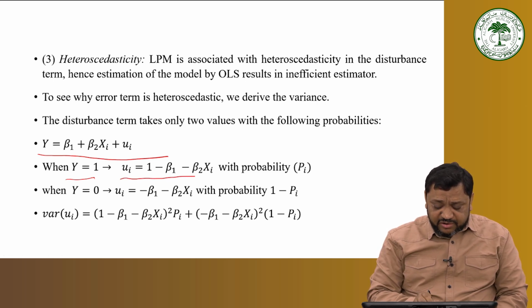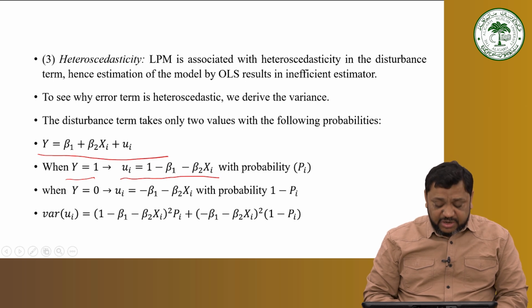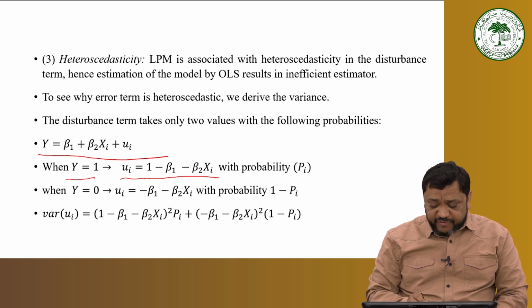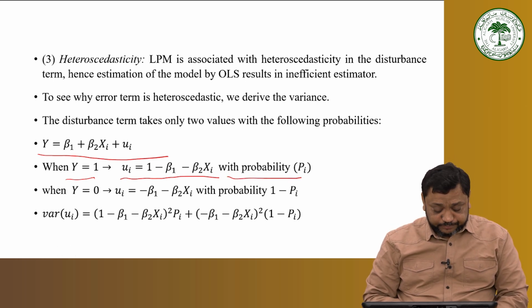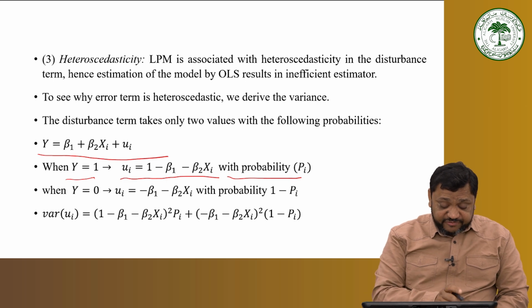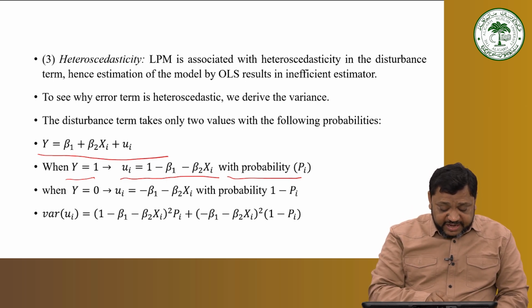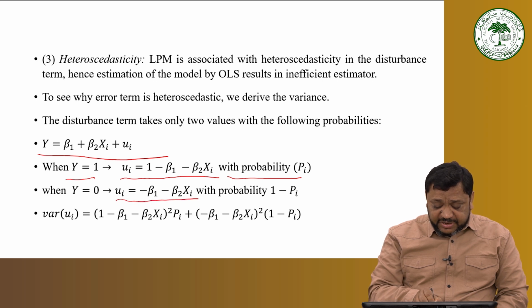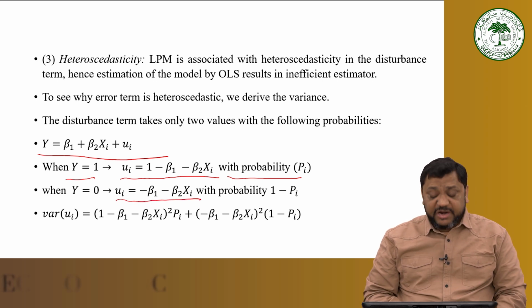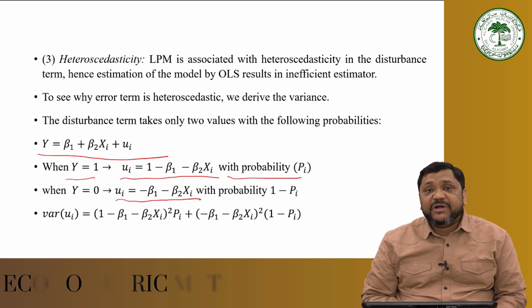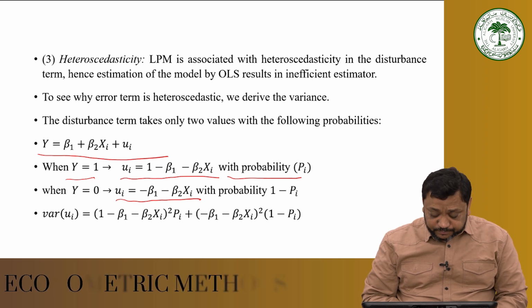So ui is 1 minus beta 1 minus beta 2 xi with probability pi. And if y is equal to 0, then ui is equal to minus beta 1 minus beta 2 xi, and here the probability is 1 minus pi.